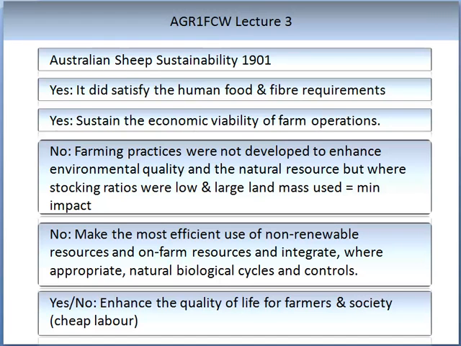However, it is well known that labour was very cheap and used a lot of Indigenous labour, and therefore from this perspective one could argue that profits were not shared and there was an inequality in the labour market, and therefore no. So as you can see, Australian sheep sustainability at this time is one of conflict.